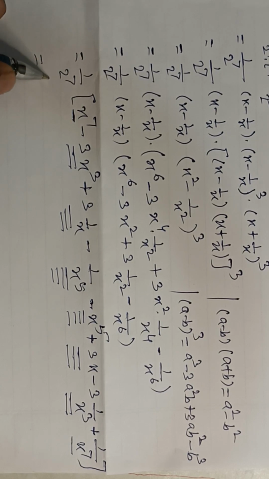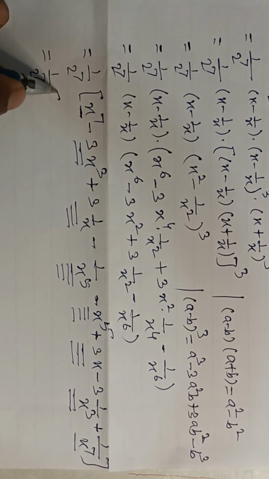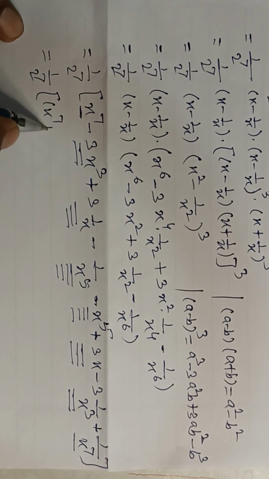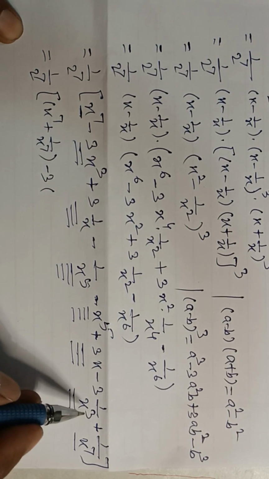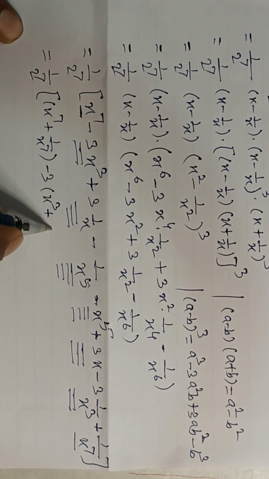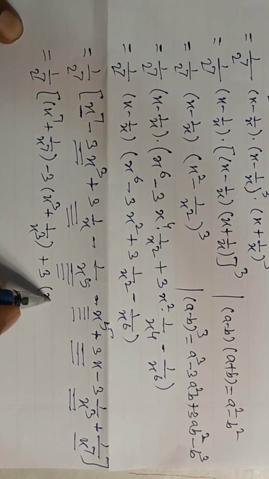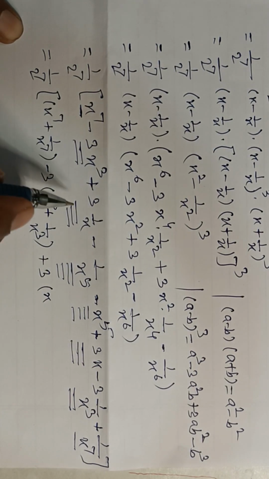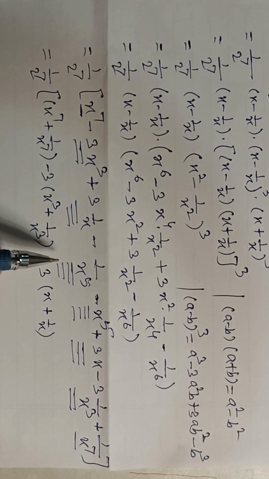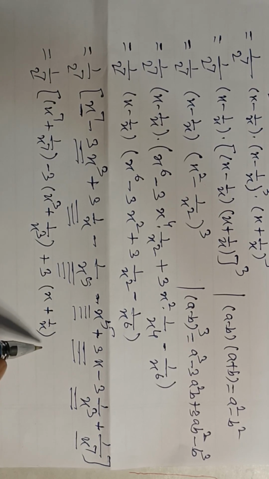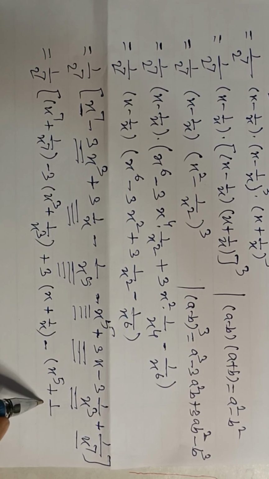So this is equal to 1 upon 2 to the power 7, x to the power 7 plus 1 upon x to the power 7, minus 3 times x cube plus 1 upon x cube, plus 3 times x, here 3x and plus 3 upon x, x plus 1 upon x, then fourth, this one and this one, minus x raised to 5 plus 1 upon x to the power 5.